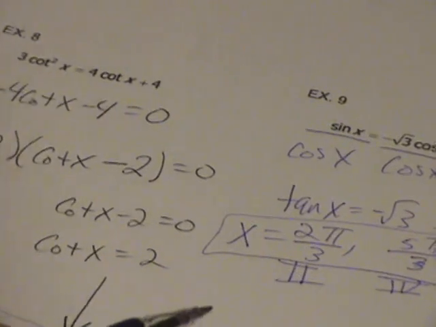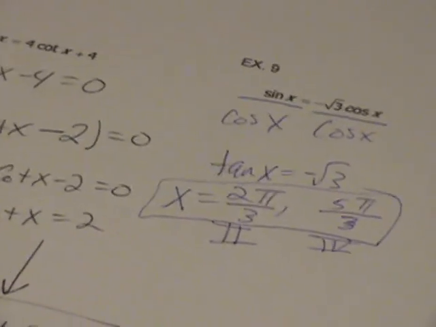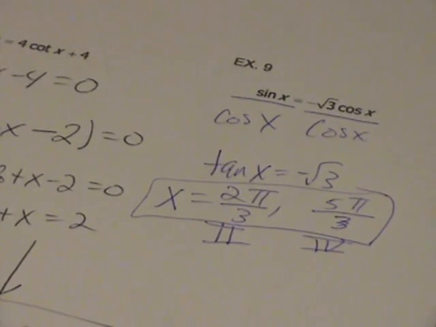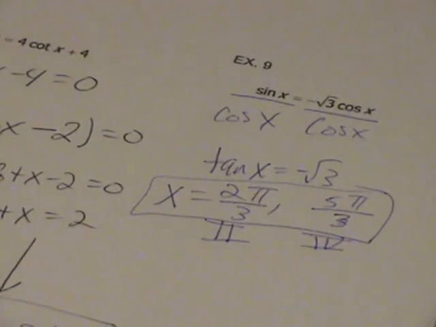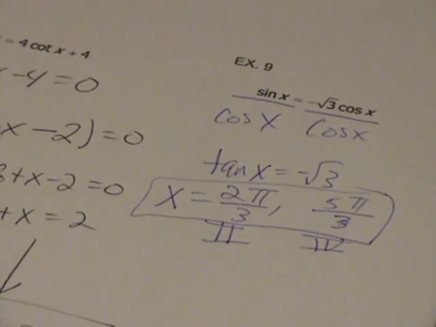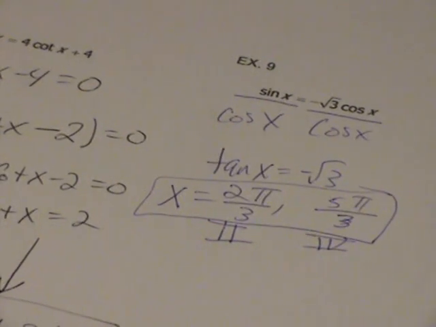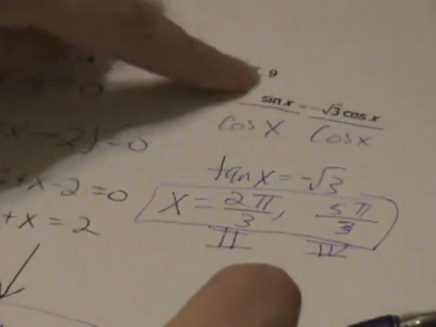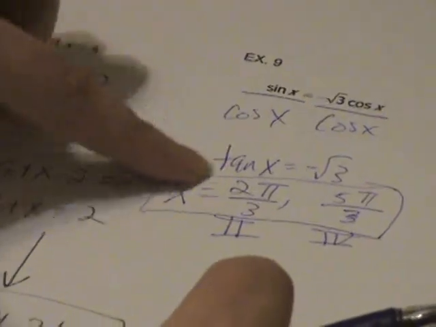So there we go. That's that one, that strategy. Dividing both sides by cosine, I created a tangent. The cosine did not cancel on both sides. It transformed over here. That's not a cancel. That's a rewrite. That's a transform. Okay?